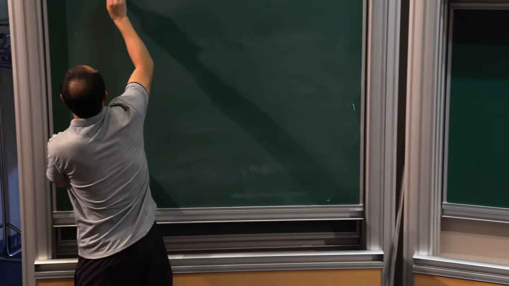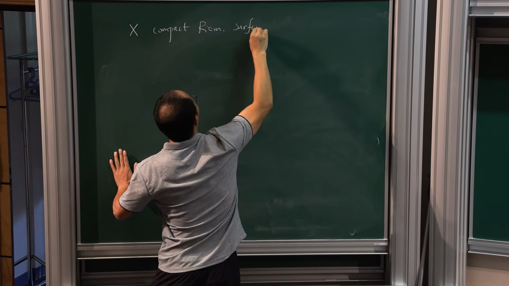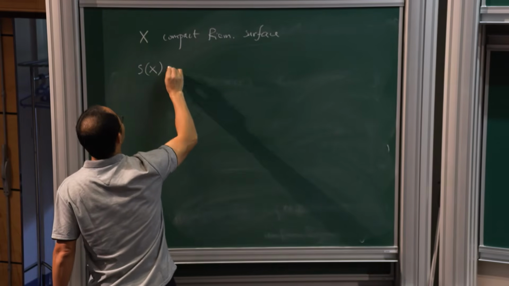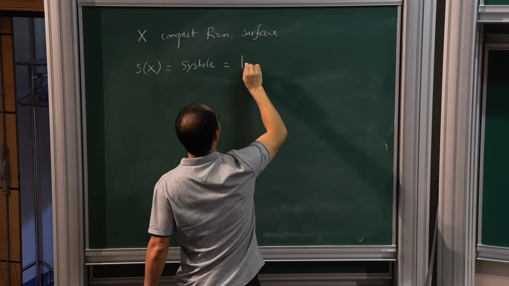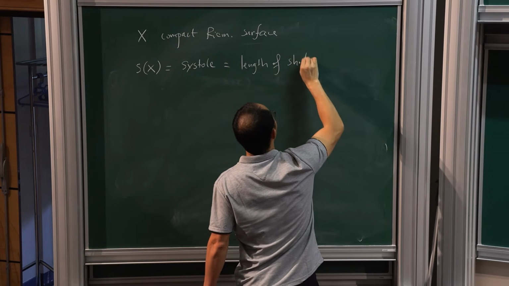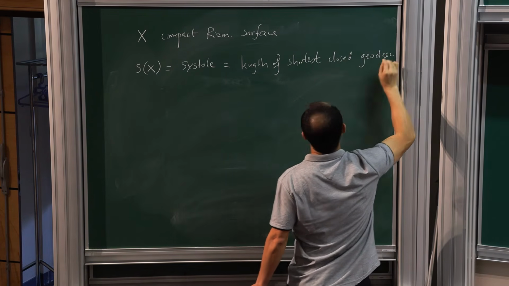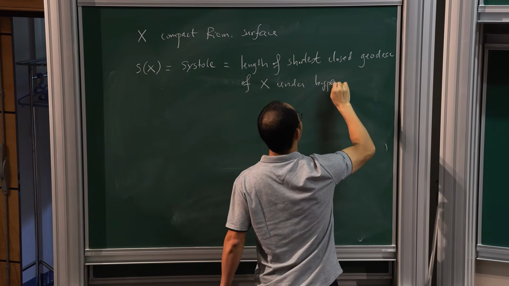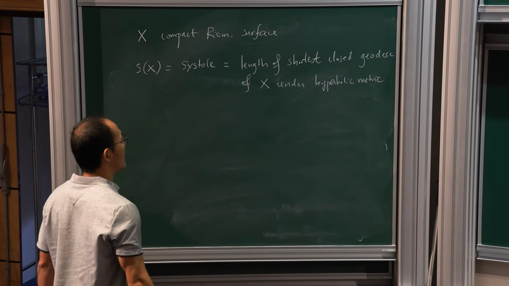So suppose X is a compact Riemann surface. This is our Archimedean setting. And then the invariant is this S(X), the systole. This is the length of the shortest closed geodesic of X under the hyperbolic metric of scalar curvature -1.